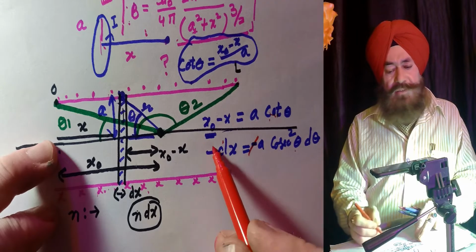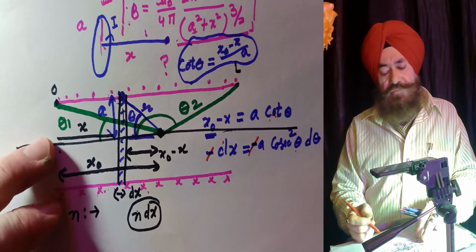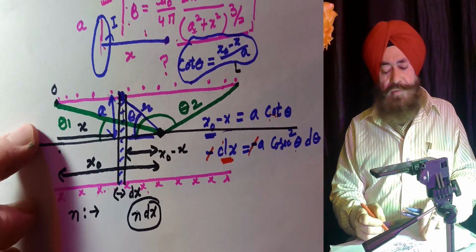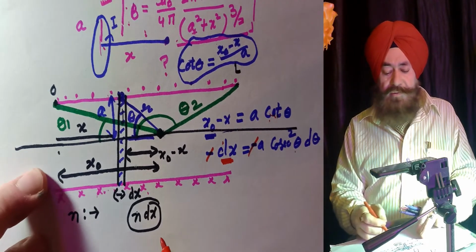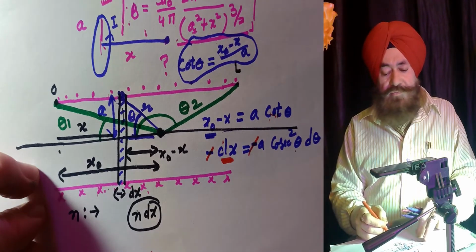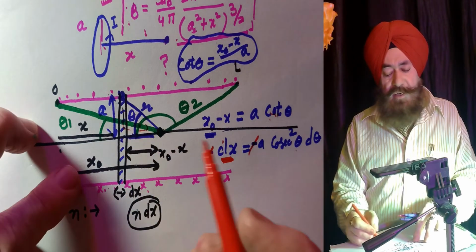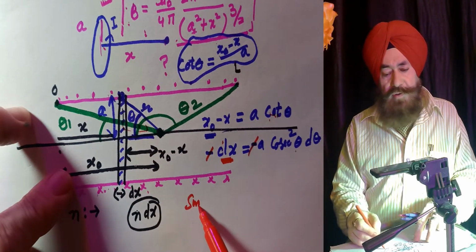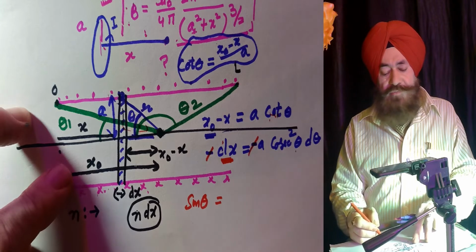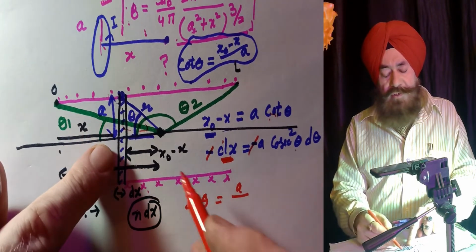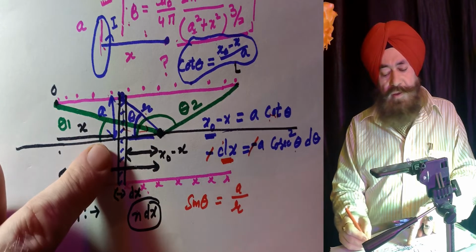Now minus and minus cancel. So we have the value of dx. And writing here the sine theta. Sine theta is perpendicular over hypotenuse.